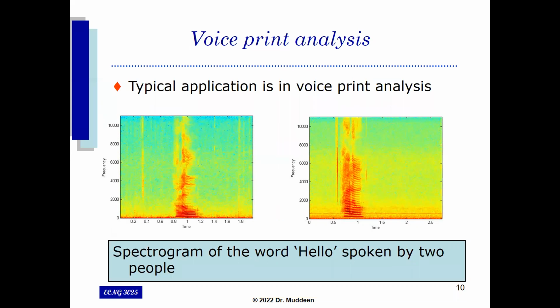So for instance, both of these are the same word spoken by two different people. We have voice analysis here, but this is how you can also use systems to detect one voice as against another.